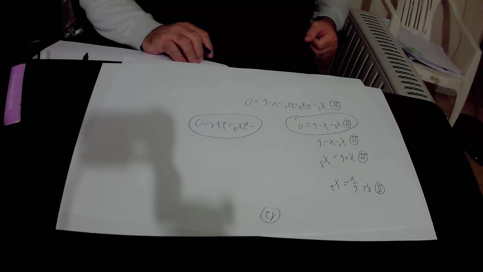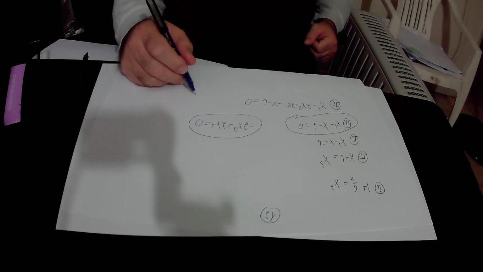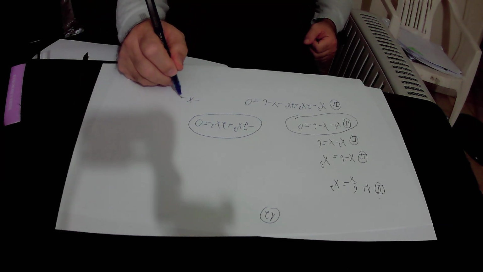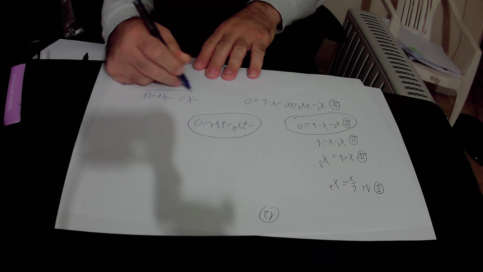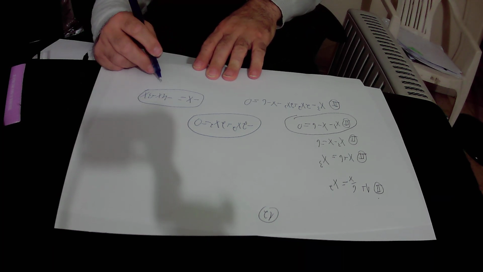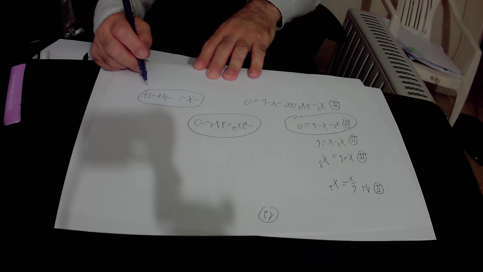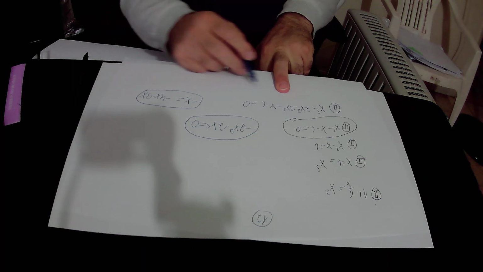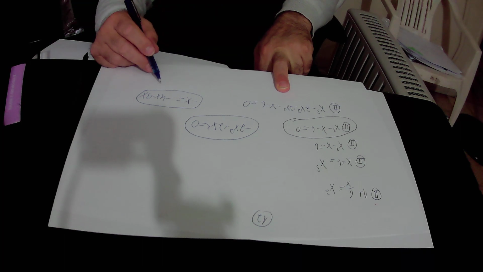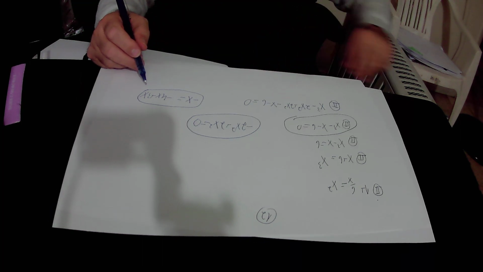And we actually know that minus x equals minus 4x plus 3x. Okay? Minus x equals minus 4x plus 3x. So we will substitute minus x in this equation number 2 by minus 4x plus 3x.